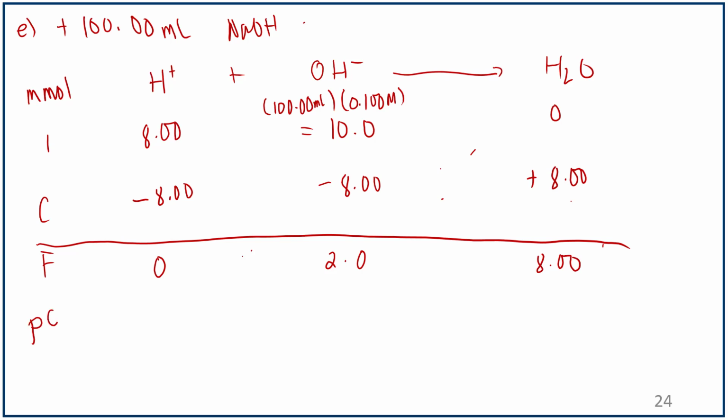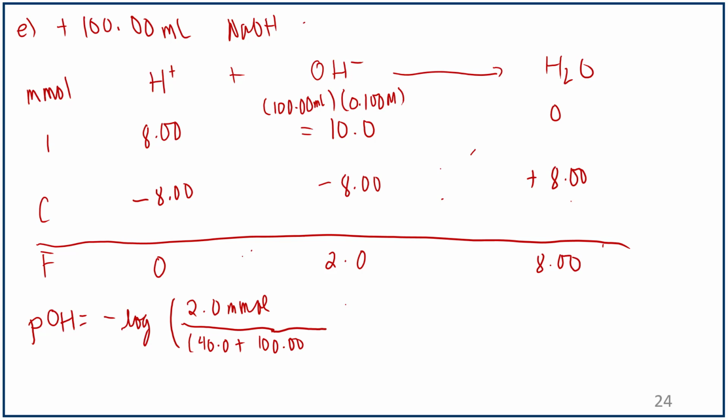So the pOH of the solution, therefore, should be equal to negative log of 2.0 millimoles divided by the total volume again, which is 40.0 plus 100.00 ml.